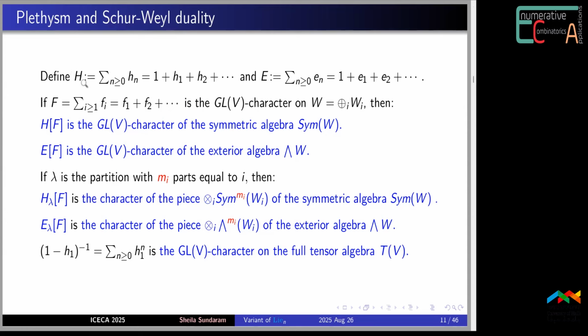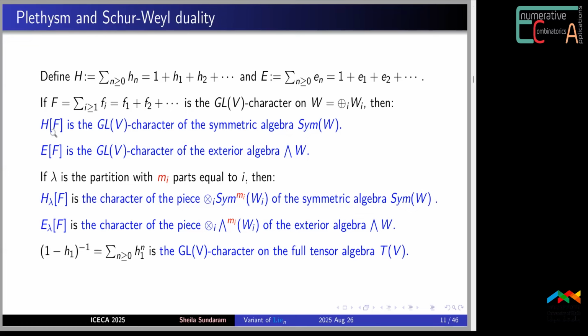I'm going to write capital H for the sum of all the homogeneous symmetric functions starting at h_0, which is 1, and similarly capital E. So if F is a series of symmetric functions, it's the GL(V) character on a vector space W that's a direct sum of the W_i's. So F_i is supposed to be the character on W_i.